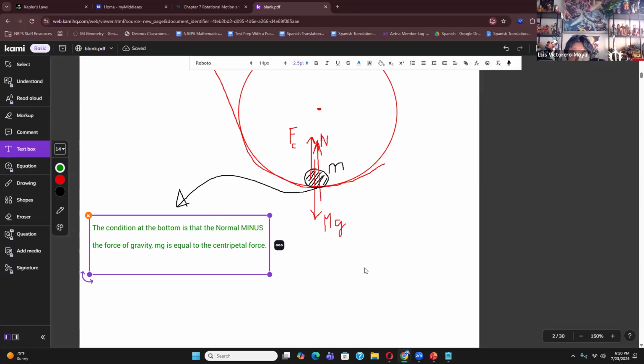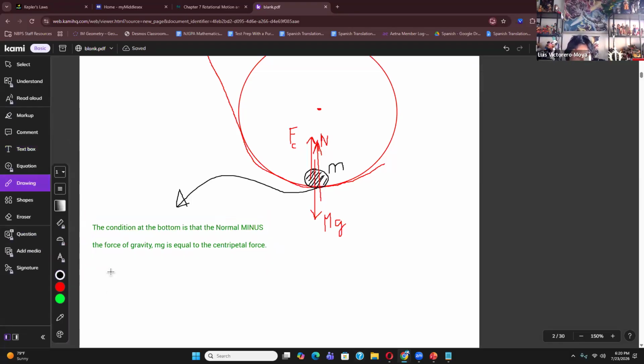All right. So what we have is this. Normal minus mg equals the centripetal force.